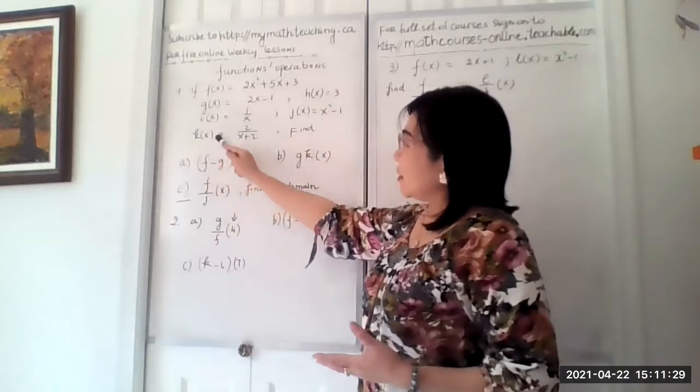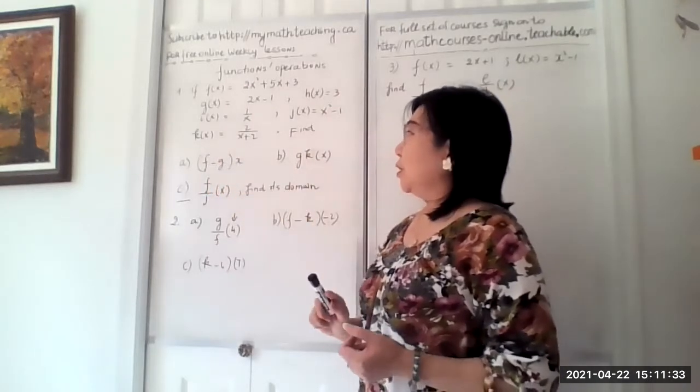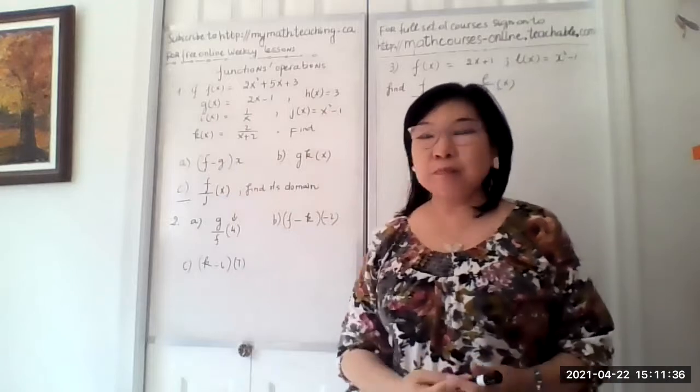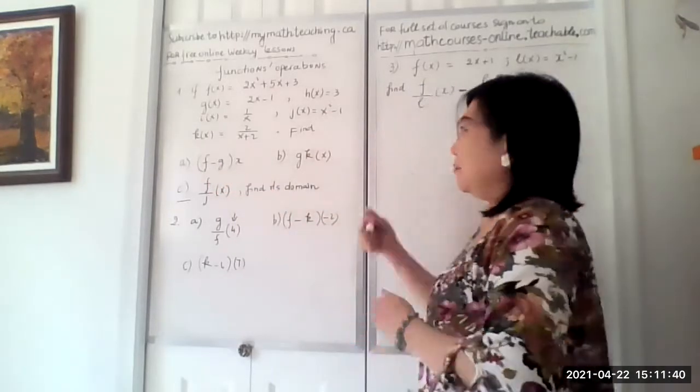The first question asks us to find f minus g of x, which is the same as f of x minus g of x. So let's do that.